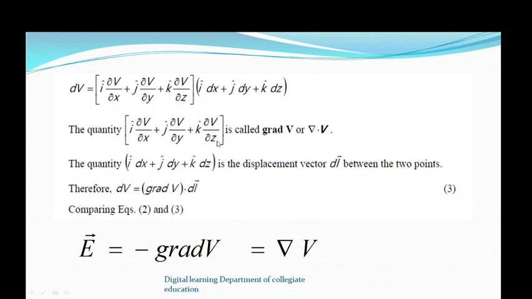The first quantity is called grad V or del V. The second quantity is called the displacement vector dl. Therefore, dV equal to grad V dot vector dl. Comparing equations 2 and 3, vector E equal to minus grad V. Important: vector E equal to minus del V.